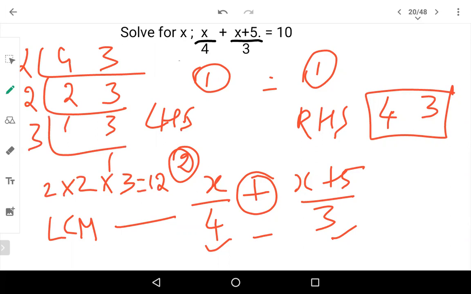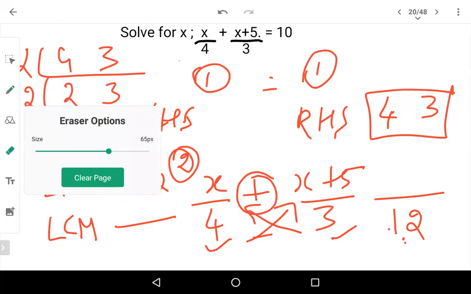Now, once you have 12 as the LCM of 4 and 3, you are supposed to do some cross multiplication. How do you do that?